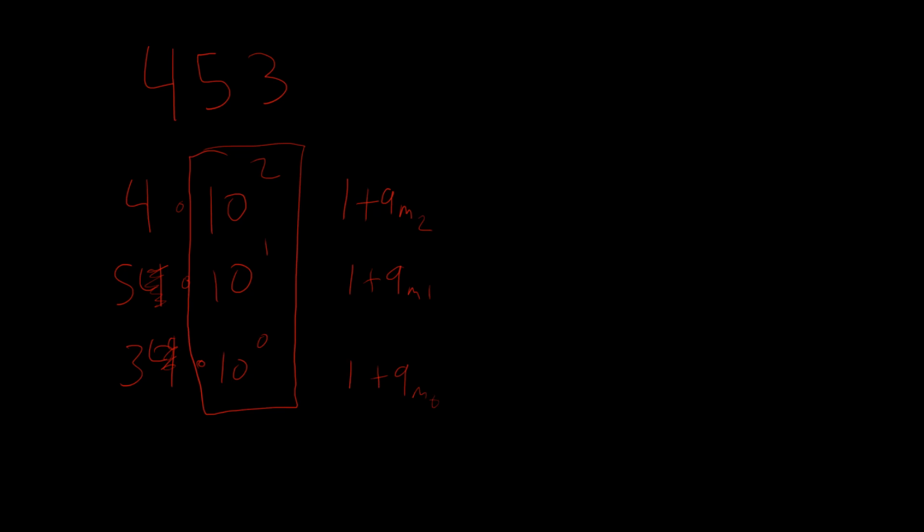Or you could just visually see it. This is 1 plus 99, that's 100. This is 1 plus 9, that's 10. And this is 1 plus 0, which is 1, right?